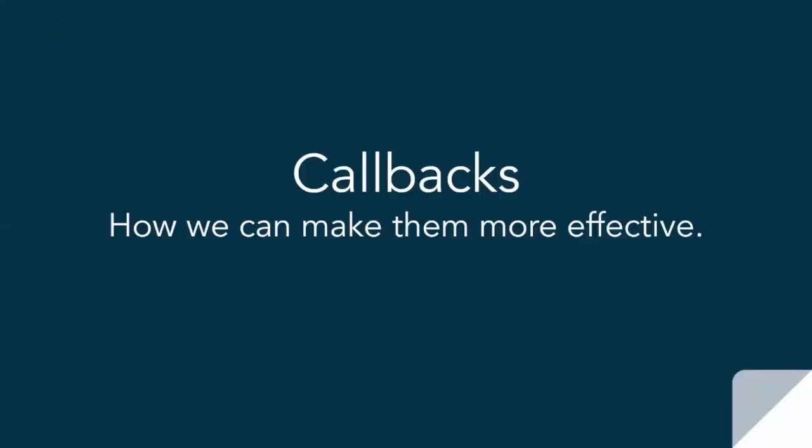Okay, next we're going to be talking about callbacks. A lot of organizations use callbacks to get connected with callers if a call gets missed. And now we're going to be talking about how we can make them more effective.